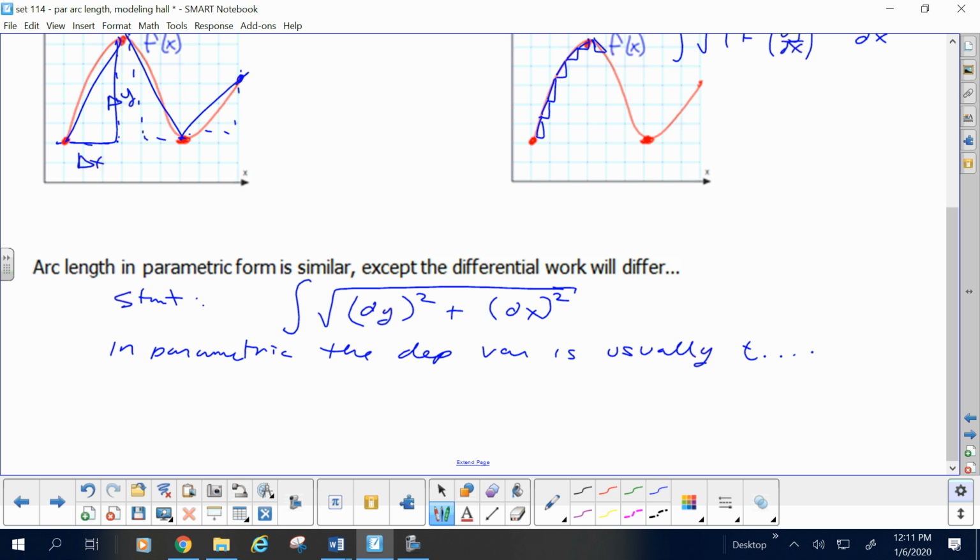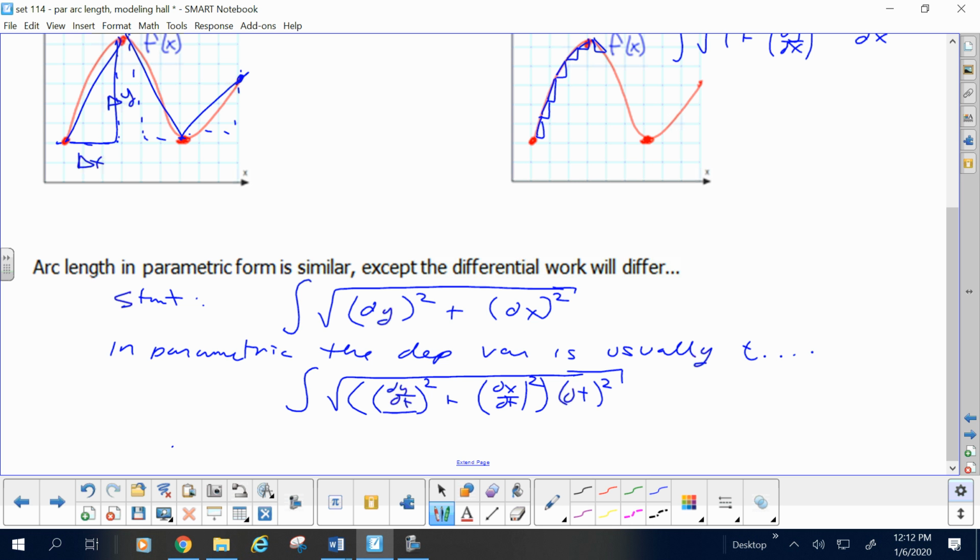What do you reckon? Divide out a dt squared. Think of it like this. Divide out a dt squared. Now, what would have to go here if I were to distribute back and get back to dy squared? dy over dt, the derivative of the y function with respect to t, squared, and dx over dt, the derivative of x with respect to t, squared.